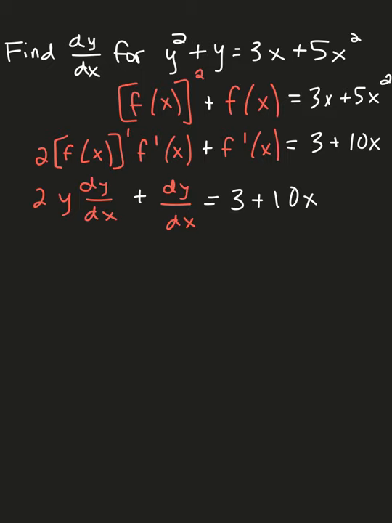If we take a look at the very beginning of the problem, we had y squared plus y. The derivative of y squared is just 2y dy dx, and the derivative of y is just dy dx. That's usually the jump that we made when we did these problems earlier this year. You guys are welcome to just make that jump, but hopefully the f of x substitution clarifies where that stuff comes from.